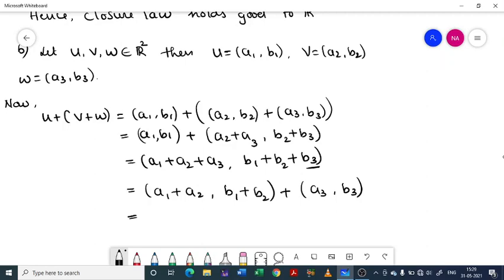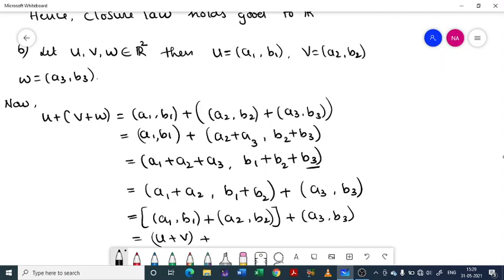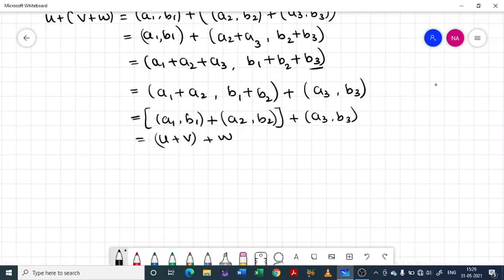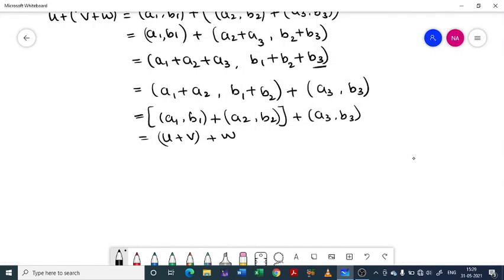So again splitting this, we will be getting a1 plus a2 comma b1 plus b2 will be a1 comma b1 plus a2 comma b2, plus a3 comma b3. So that is u plus v plus w. So this proves associative property. So we got u plus of v plus w equal to u plus v of plus w, proving associativity, or verifying you can say.